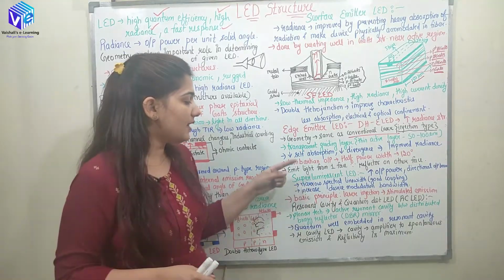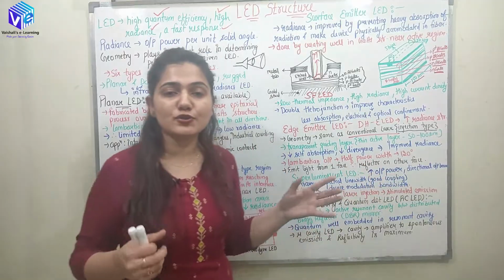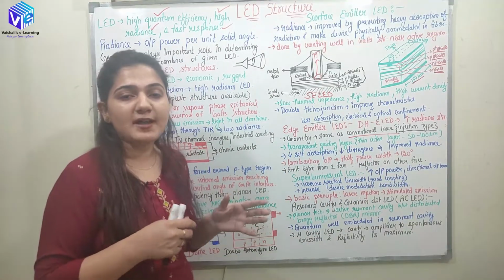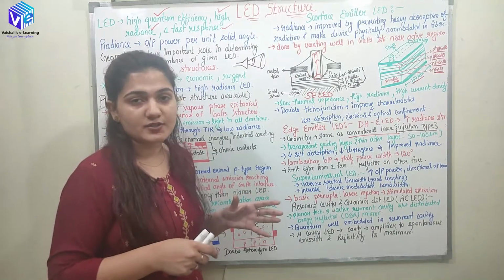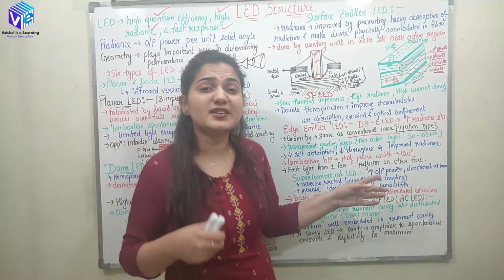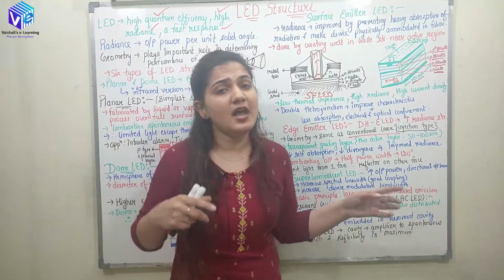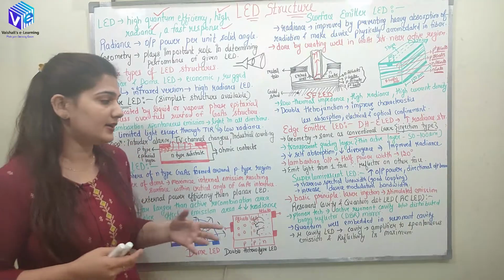So I will be having narrow spectral line width, which means it is a good coupler. It is going to couple to the optical fiber in a very good manner, which means it will be having low coupling losses. Okay, this is also a very good advantage. Then we have the increased device modulation bandwidth. I want to work upon higher bandwidth so that I will be having higher data rate.